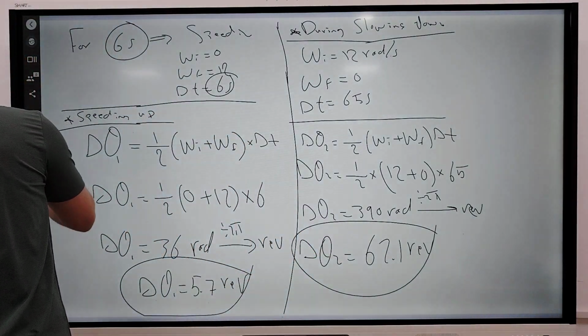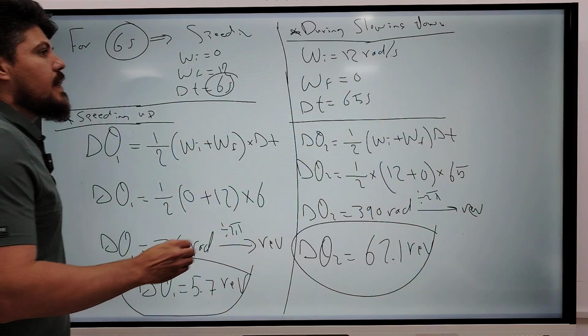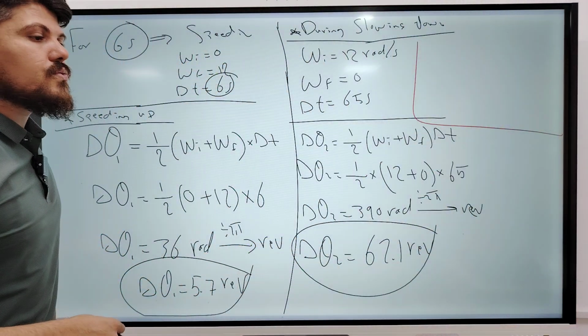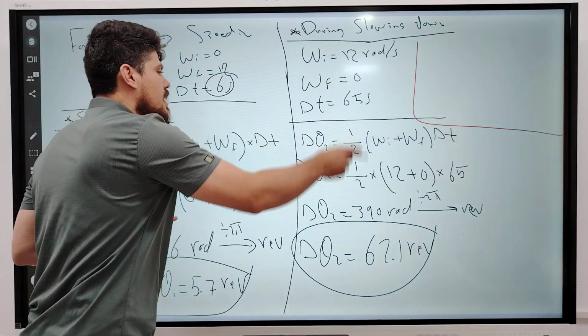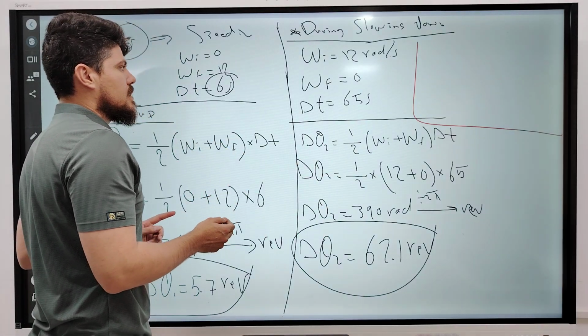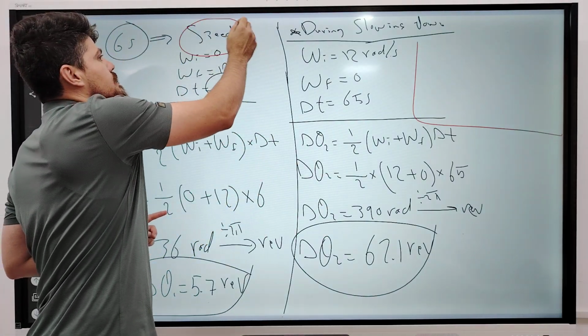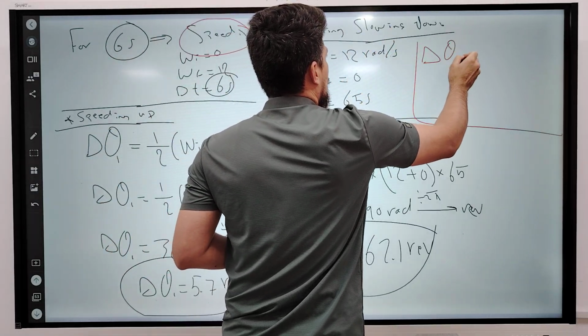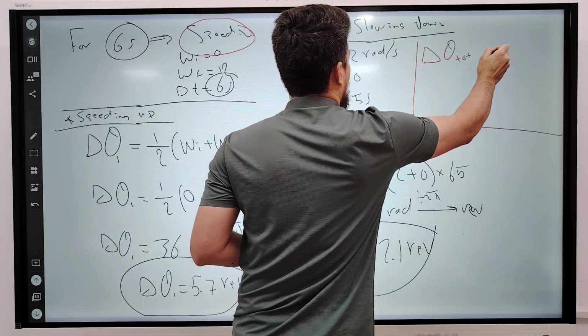No. The question in branch C says, find the number of revolutions in the entire 71 seconds. It means both speeding up and slowing down. Theta total is equal to what?